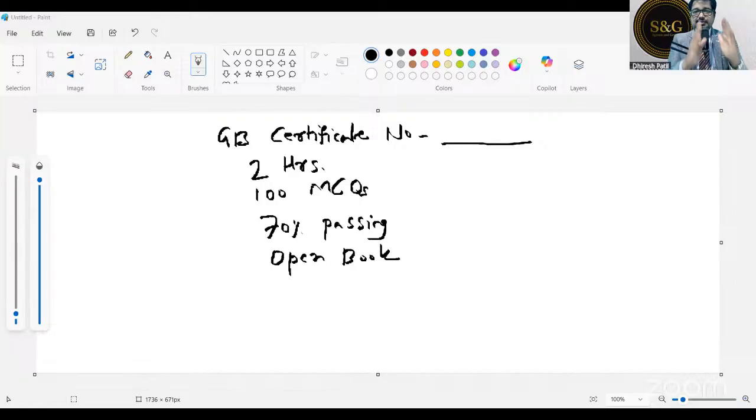You can focus, organize yourself, and sit calmly, because if you start now, it will go up to 11, and then your dinner and your family, everything goes on toss. So better go for the examination when you're fresh. There you can put that certificate number.